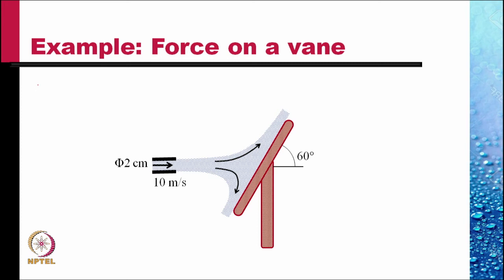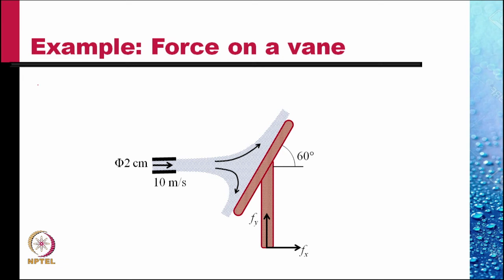We have to determine what would be the force that would be needed to keep this vane in place. Let that force have two components, Fx and Fy, as shown.